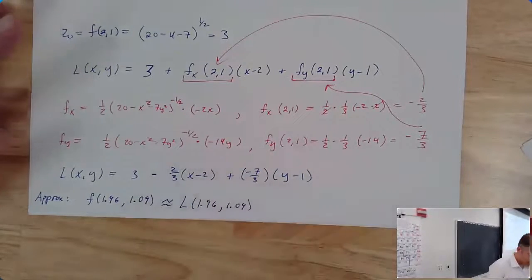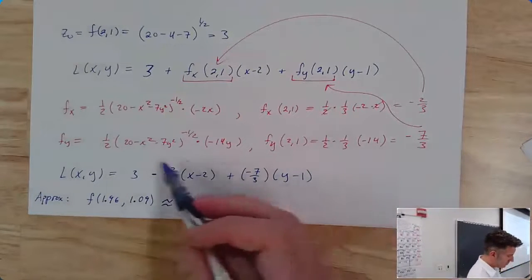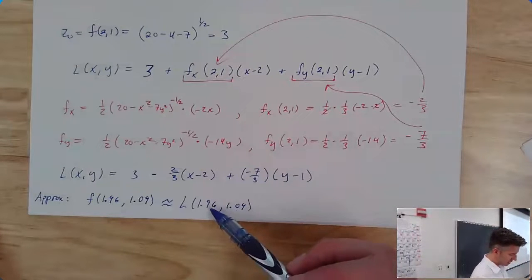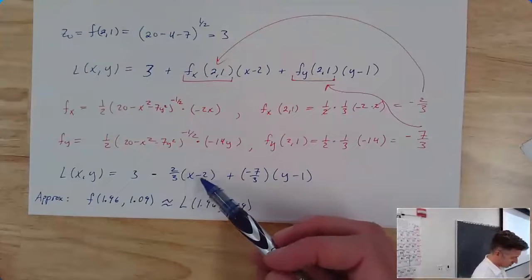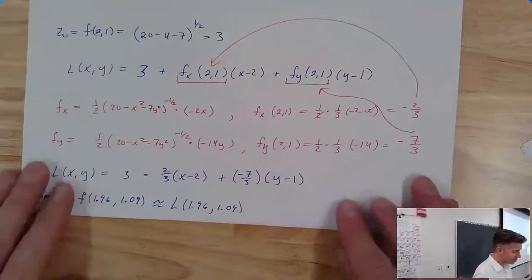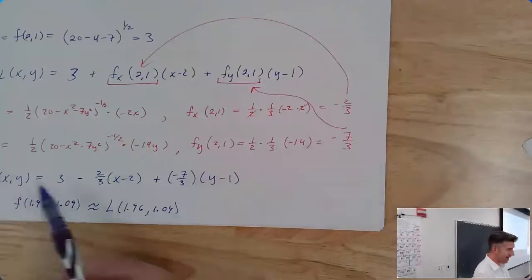And now here's where I want to make a strong case that you don't want to simplify this. It's much, much easier to plug in 1.96 here and do 1.96 minus 2 times 2/3, as opposed to having multiplied this whole thing out and doing something worse. So specifically, if you're asked to actually approximate a thing, it is usually in your best interest to not simplify your tangent plane or your linearization.